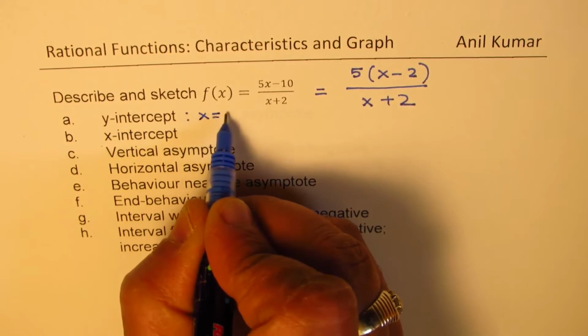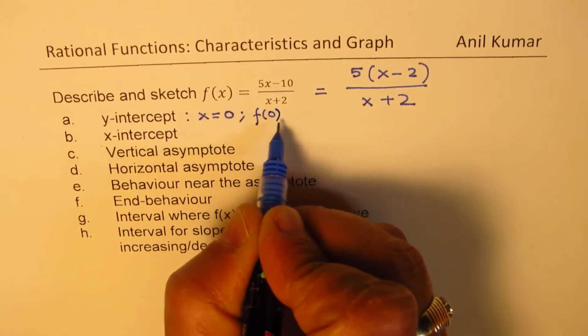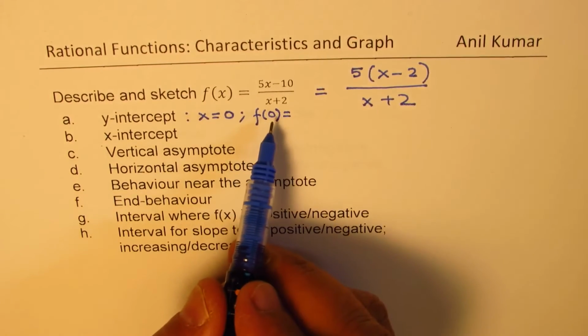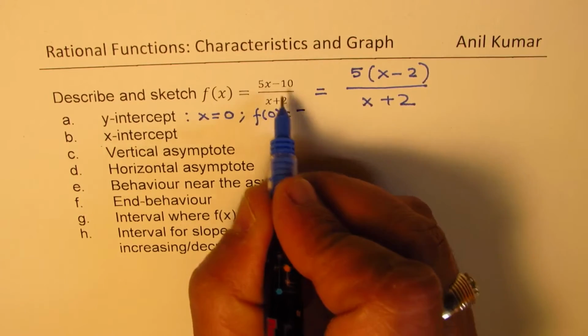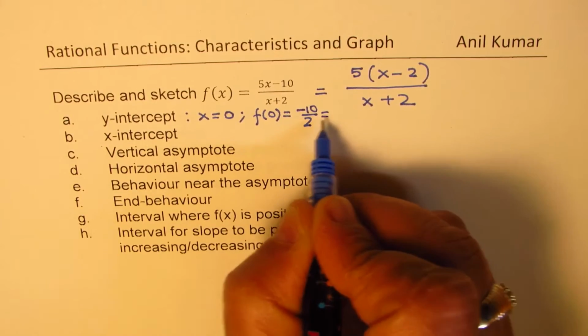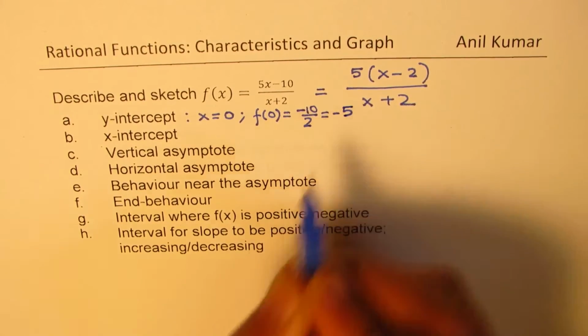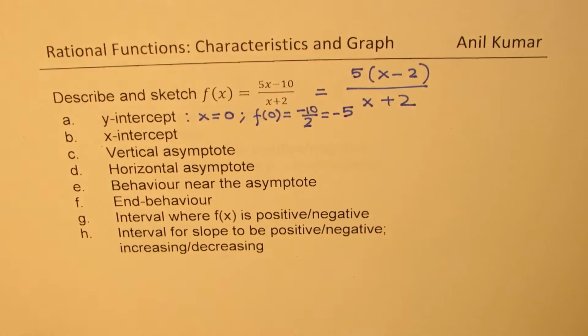Y-intercept is when x equals 0. So basically, you need to find the value of the function when x equals 0. Well, I can substitute it right there. What I get here is minus 10 by 2, right? Which is equal to minus 5. So I get the y-intercept as minus 5.